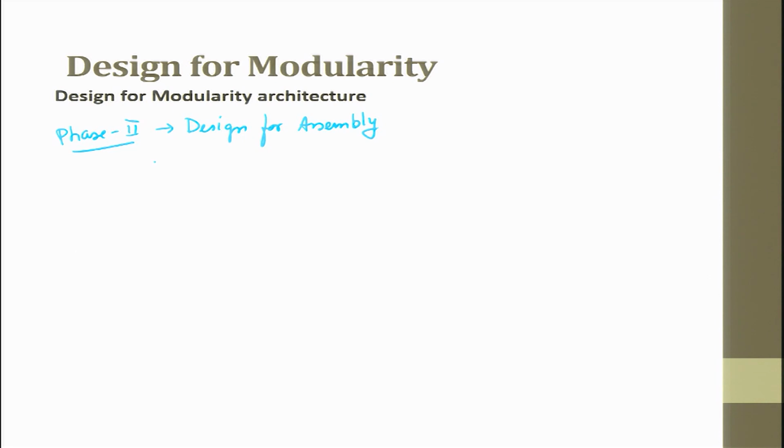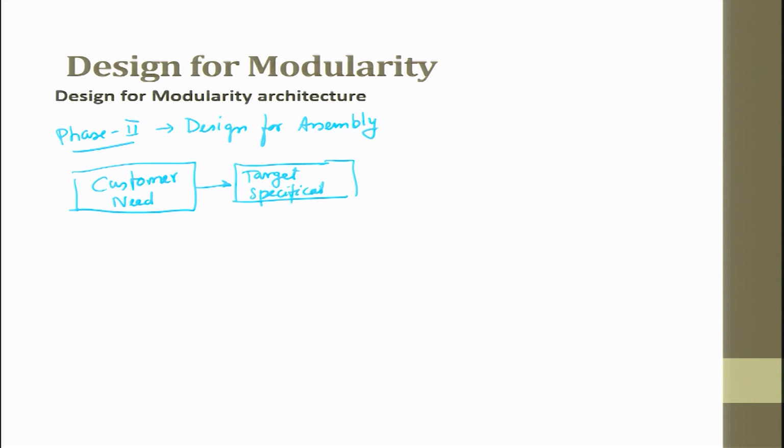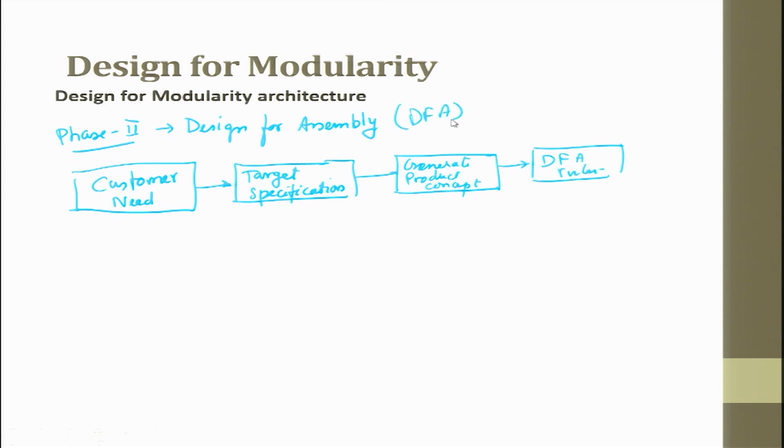So, in this design for assembly, we have customer feedback or customer need, then we will have target specification, and then we have generate product concept, and then we have design for assembly rules. This is called as DFA.